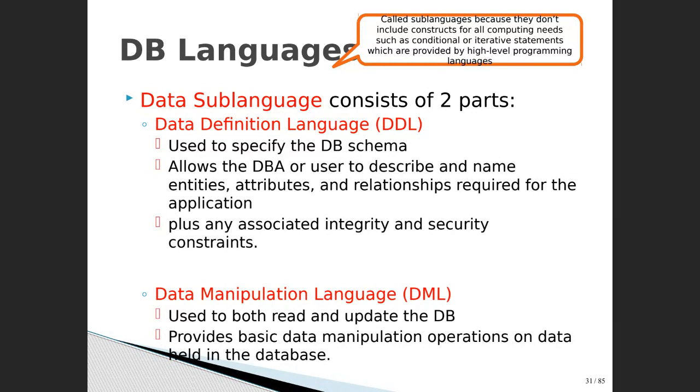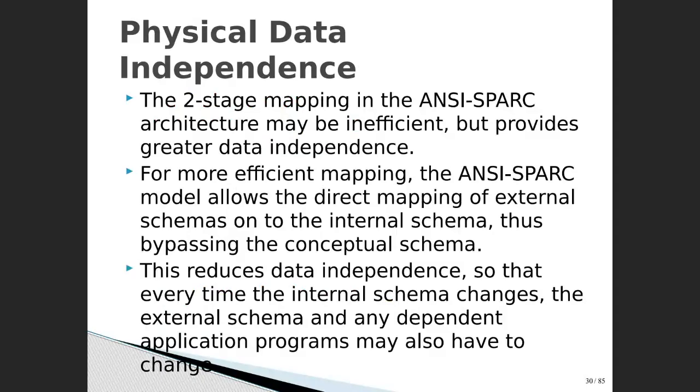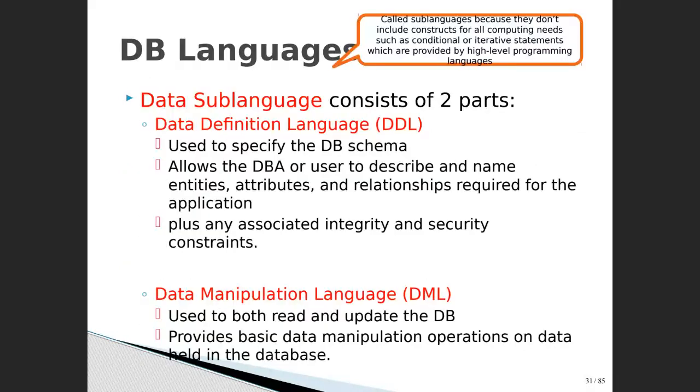Now, we learned that it consists of two main parts, DDL and DML, as we mentioned before. The DDL is the part of the database management system which is used to define the data structure, or let's say the description of data. And we call it what?